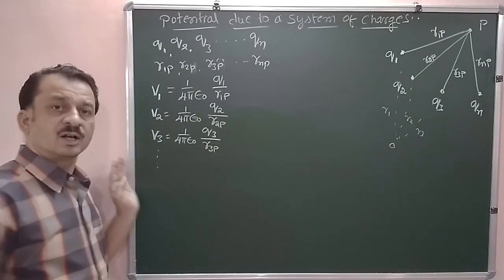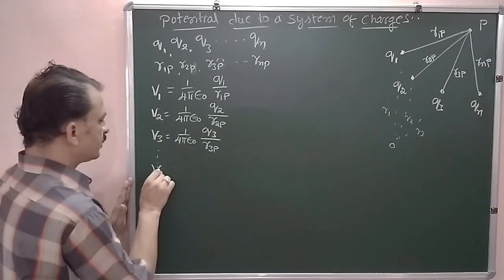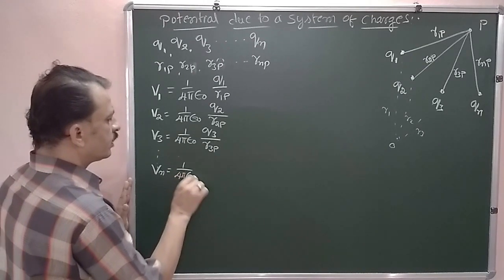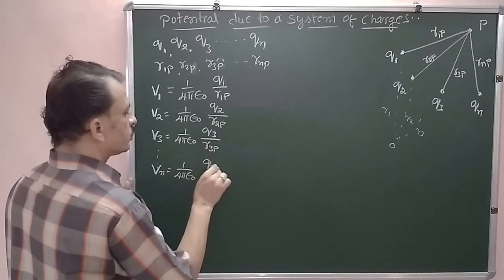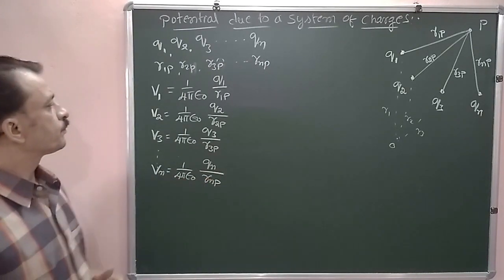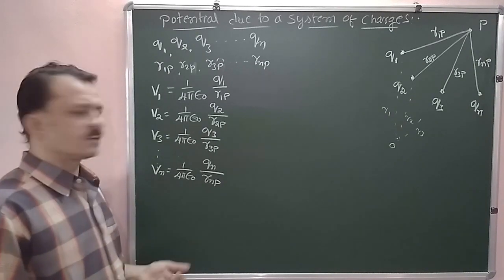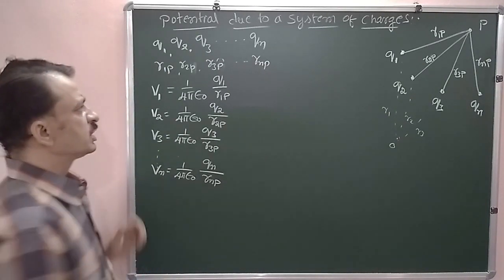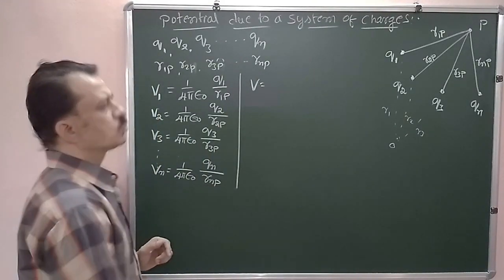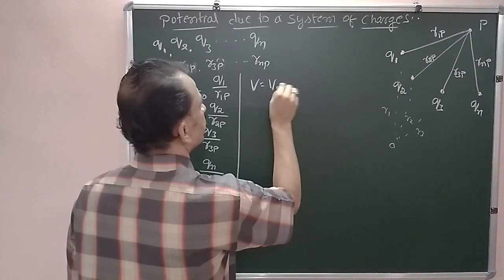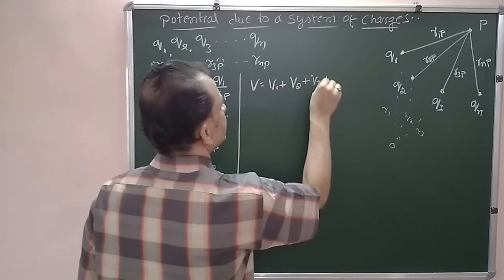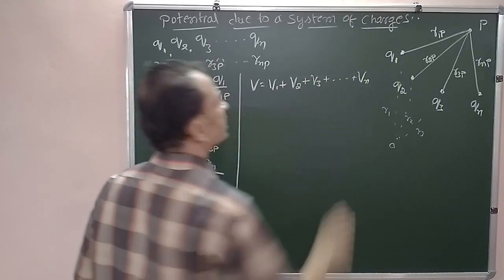Similarly, extending to the nth charge, the potential at P is Vn equal to 1 divided by 4 pi epsilon naught into Qn divided by Rnp. According to the principle of superposition, the total potential is the algebraic sum: V1 plus V2 plus V3 and so on up to Vn.